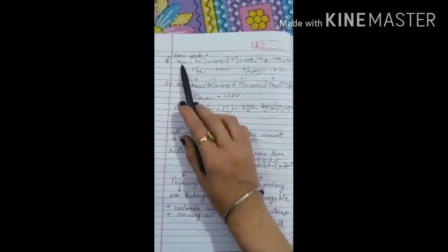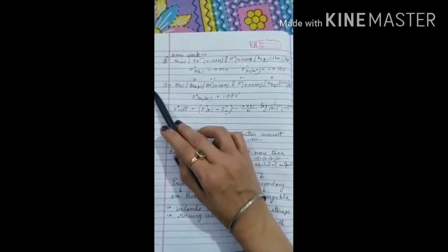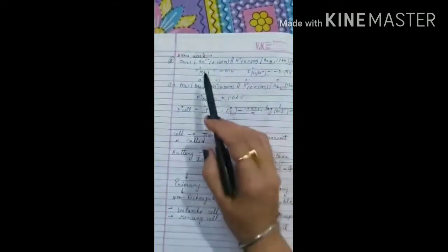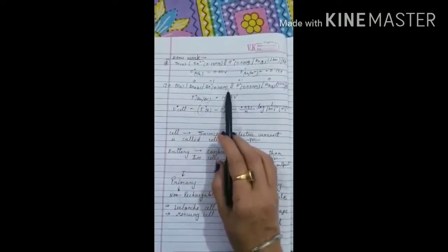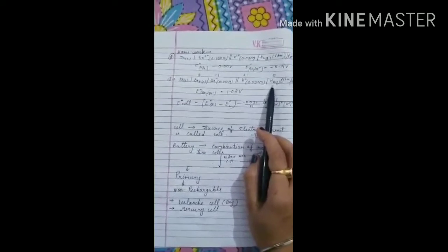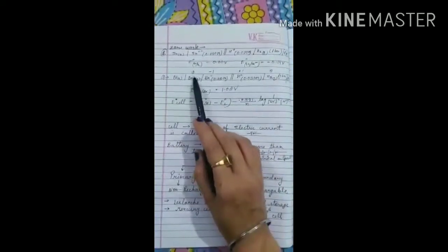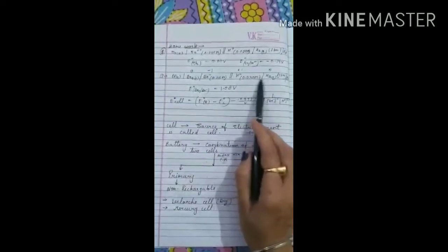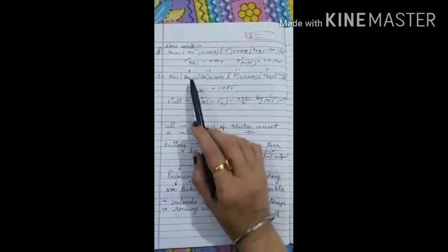So I have written there one more question that will be done as I have explained in the previous question. These values are to be given, but there is a little bit of difference in this question, so that's why I'm explaining. If you observe this cell reaction, you will see that reduction is to be done at both terminals.